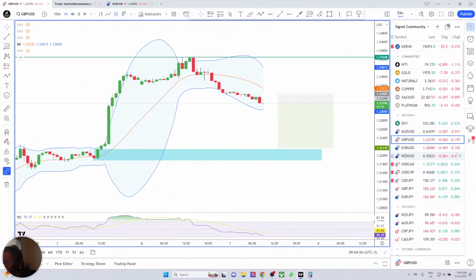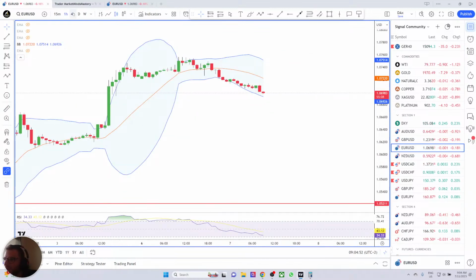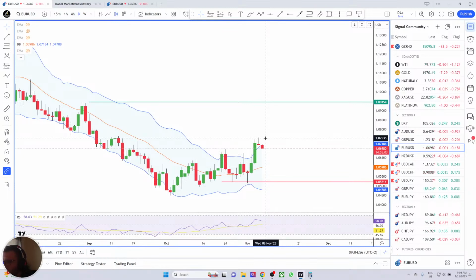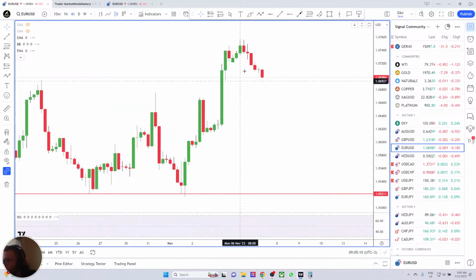So next one, euro against the US dollar, similar behavior. Price stopped at this area of resistance on the left, and it can definitely experience some temporary pullback. So we see what's going to happen if we check the 4-hour chart.